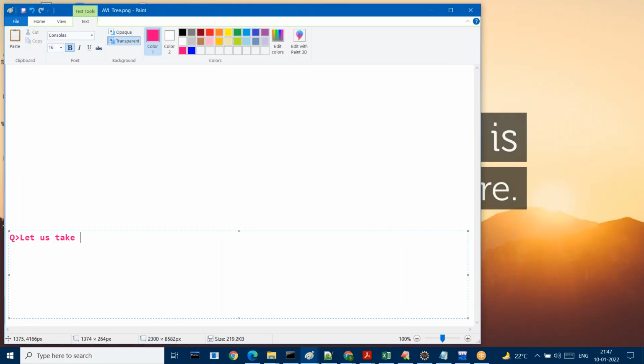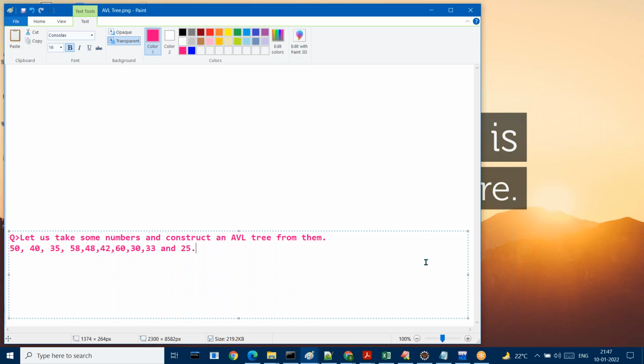Let us take some numbers and construct an AVL tree from them. What are the numbers? 50 guys, 40, 35, 58, 48, 42, 60, 30, 33 and 25.